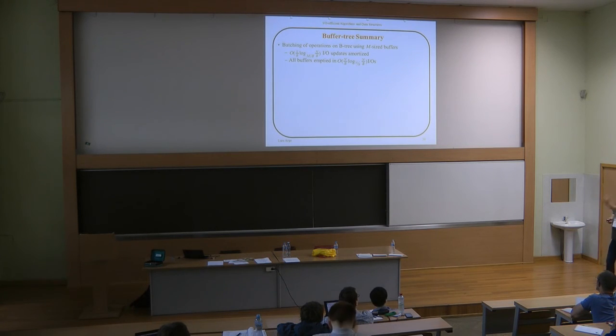If you ask me to search for an element, I can't do it, because if I go down a path, I meet all these buffers that are very, very big. I need to look at all the elements in the buffers to see if the one I'm looking for should be there. So the reason why I can do this is that I can't search anymore. So I'm beating the lower bound by throwing away its functionality.